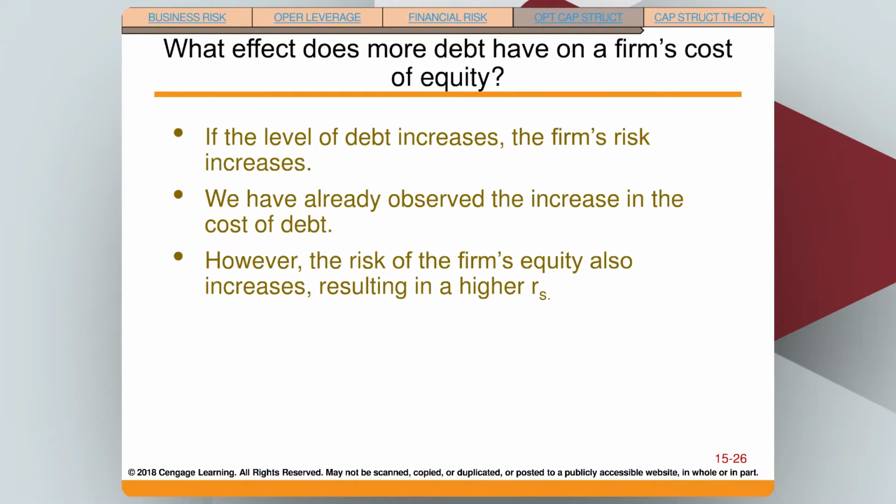We have already observed the increase in the cost of debt. As time goes by, tumataas yung ating utang, tumataas ang ating financial risk. However, the risk of the firm's equity also increases, resulting in the higher RS.